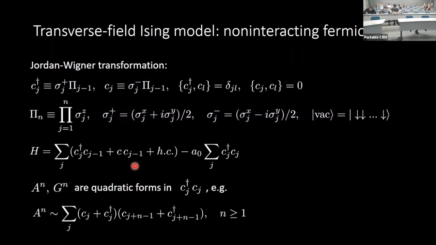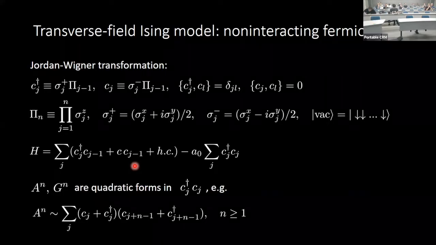It can be easily seen that An and Gn are also quadratic in fermionic operators. So one might think that all the story I have told you is simply trivial, because an evolution of quadratic operators under the Hamiltonian dynamics induced by a quadratic Hamiltonian is somewhat trivial.